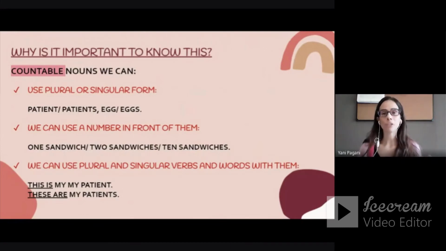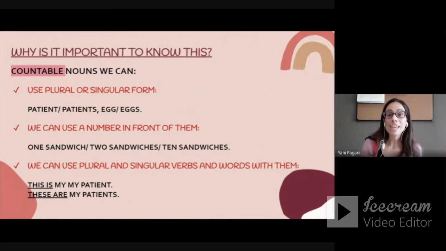We can use singular or plural words, depending on the sentence. For example, I can say, this is my patient. This is a singular word, and is a singular verb because patient is singular.